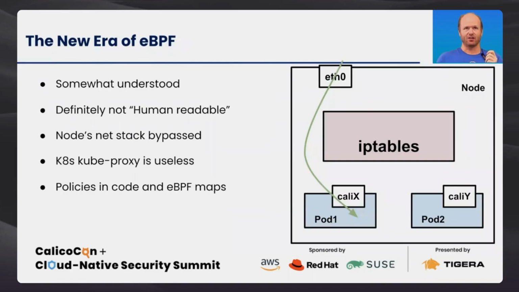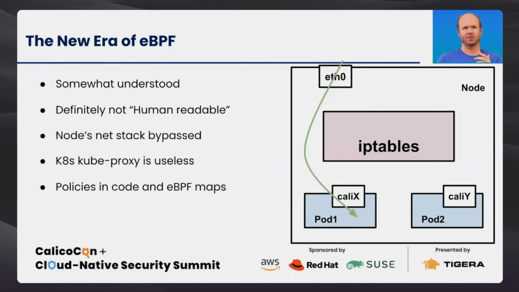The downside of eBPF is that it's somewhat less understood. eBPF has been around for quite a few years and is part of Calico for 3 or so years. The problem is that there are still not so many people out there who have been exposed to the eBPF technology.